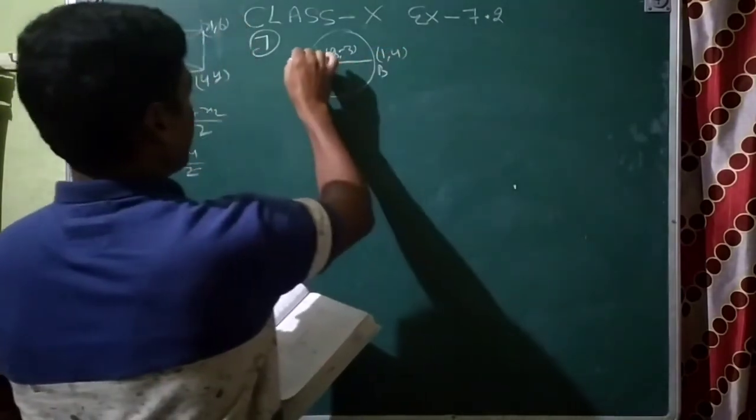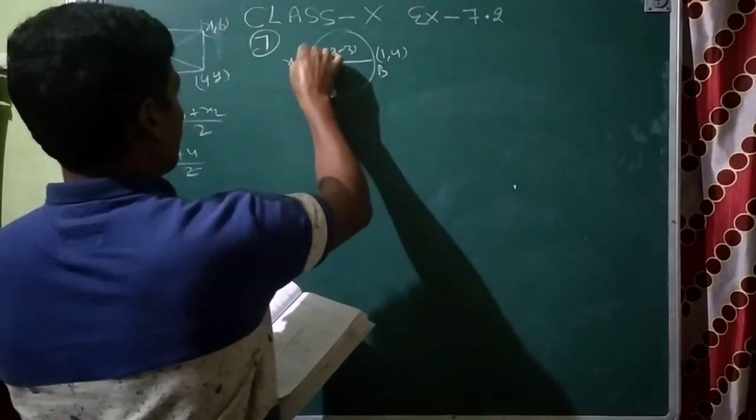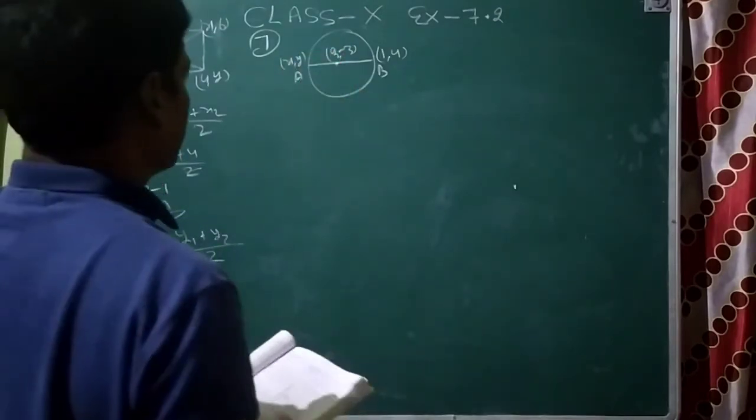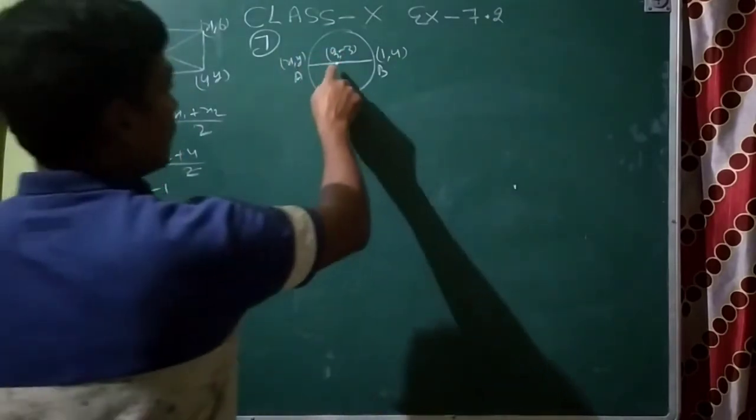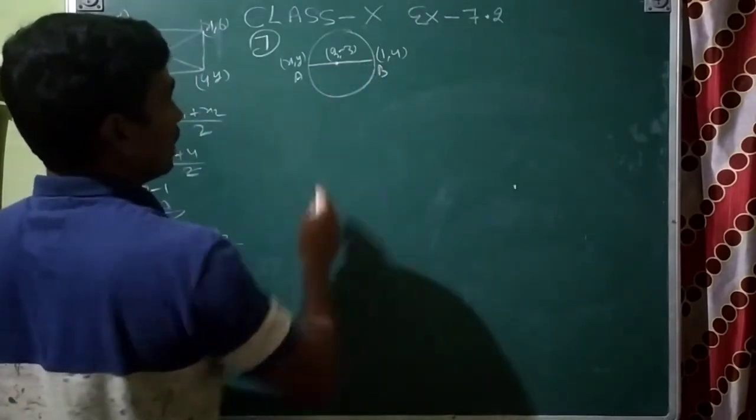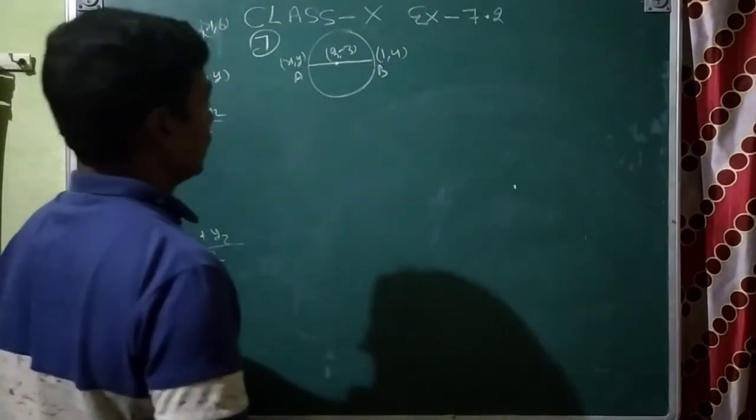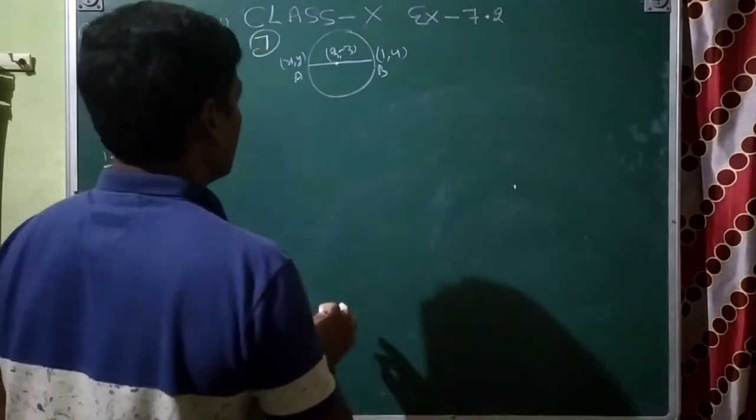We need to find A. Suppose A is (x, y). We know that the radii of the circle are equal.